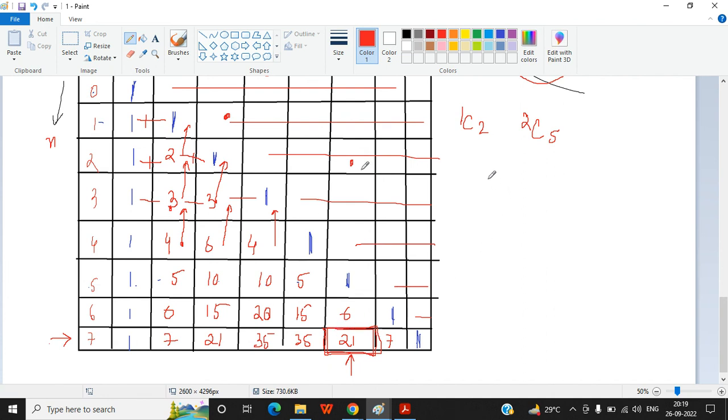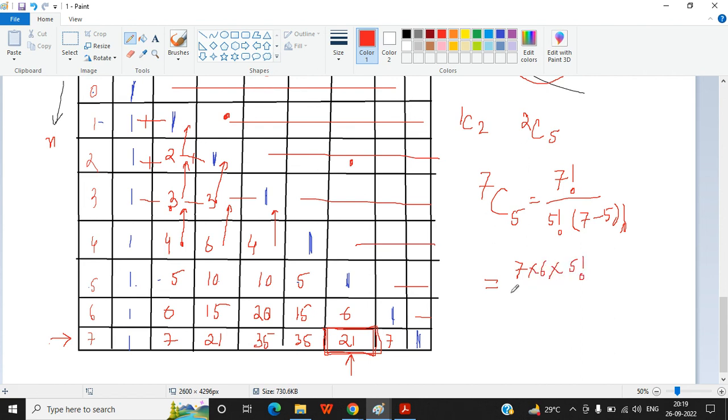Now let's check. We were calculating 7C5. 7C5 means factorial 7 by factorial 5 and factorial 7 minus 5. Factorial 7 means 7 into 6 into factorial 5.